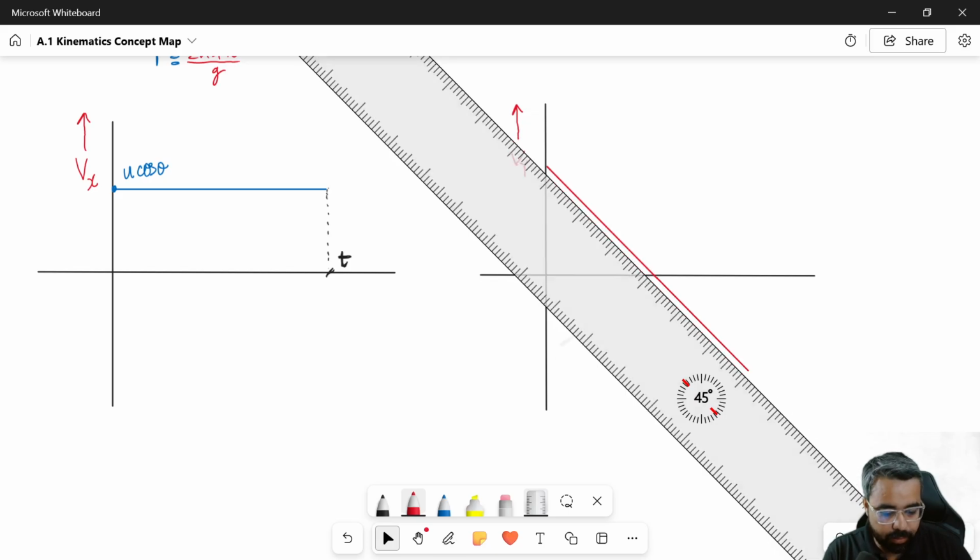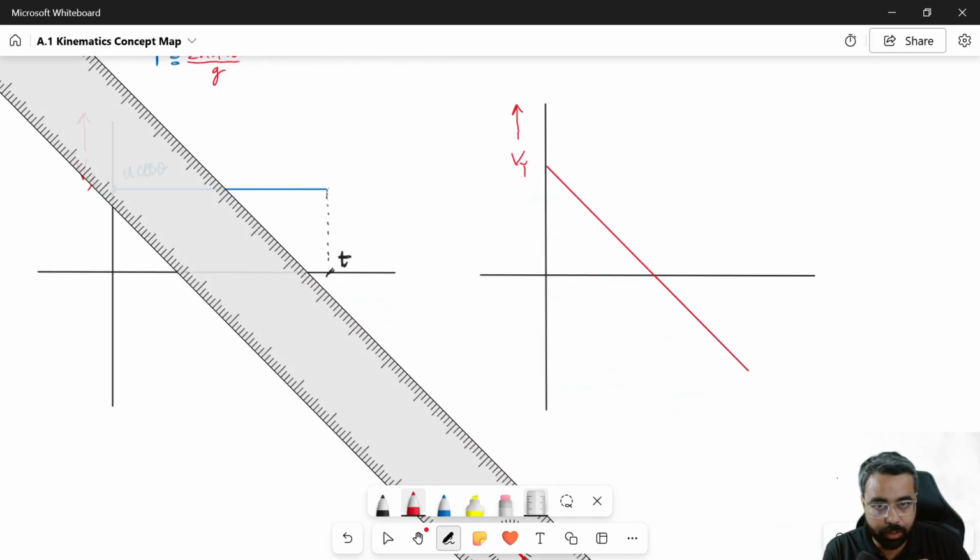This is a velocity graph I'm talking about, not the speed-time graph. Of course this value, dear students, is U sine theta. This is the time when it reaches the maximum height where vy is 0. And this is the time when it returns to the ground, and it is once again negative U sine theta.